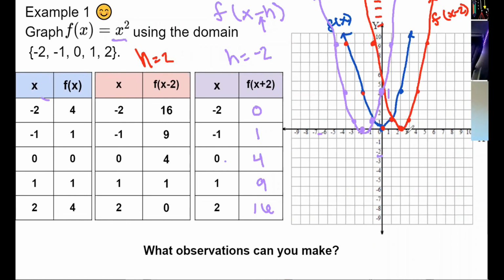And the same with, again, our original f of x in blue. What happened to our purple graph when we had h equals -2? People are saying that it went to the right. So when exactly did it go to the right?